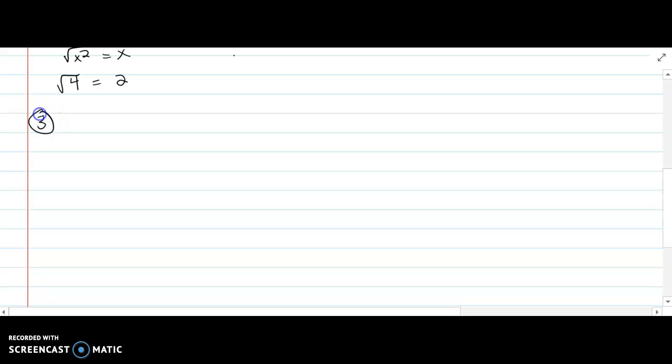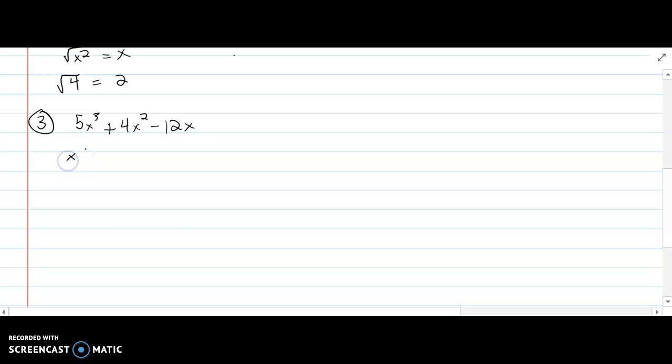Number 3 here, we have 5x plus 4x squared minus 12x. Careful with this one. So we have a GCF of x, so I'll go ahead and pull that out.